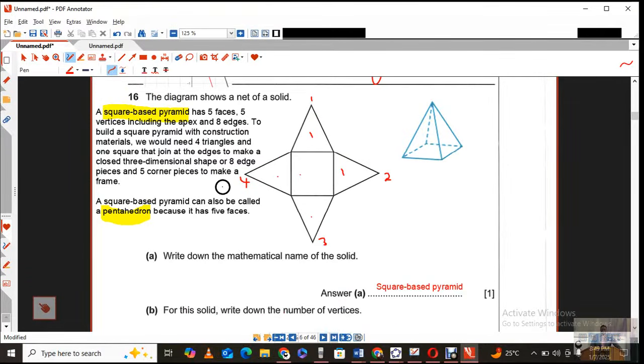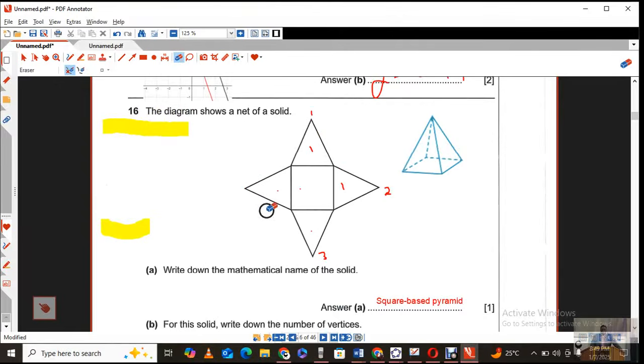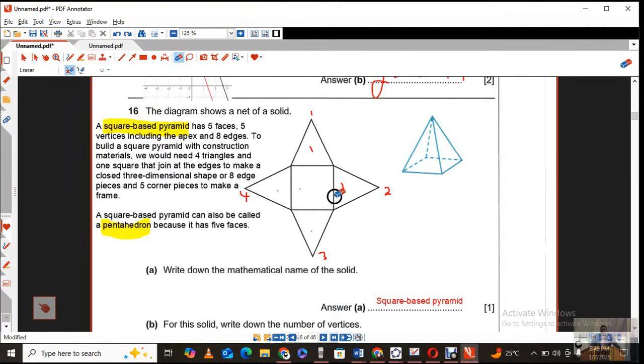You will not be able to see it from here, so that's a wrong approach in terms of the vertices. But if I look at the solid that is there, the vertices are going to be the apex, as I was indicating over here.